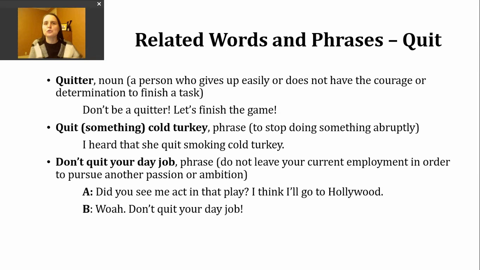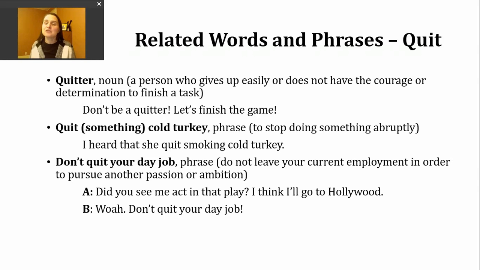Until they get to 2, 1, and hopefully 0. To quit something cold turkey and do it abruptly means a person maybe was smoking 5 cigarettes today, tomorrow, 0. They're just going to stop. So you've heard me now sort of slowly explain quit something cold turkey, but here's what it would look like in a sentence. I heard that she quit smoking cold turkey. So again, that idea of stopped abruptly.